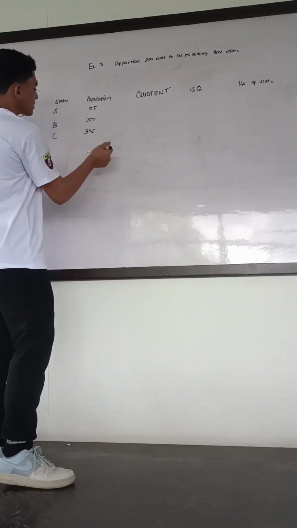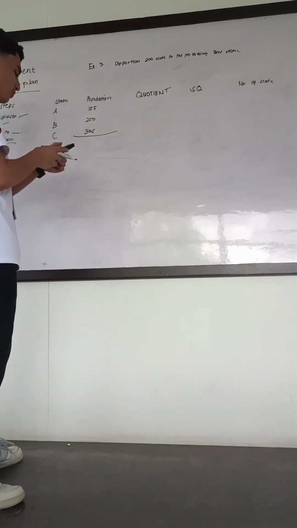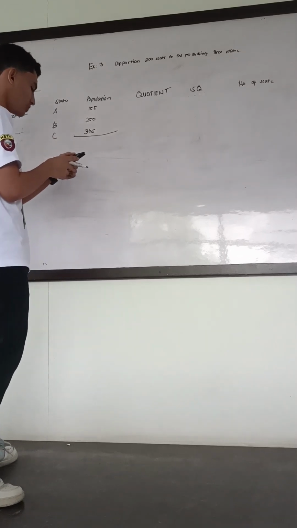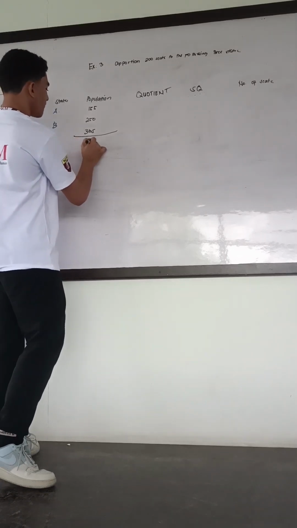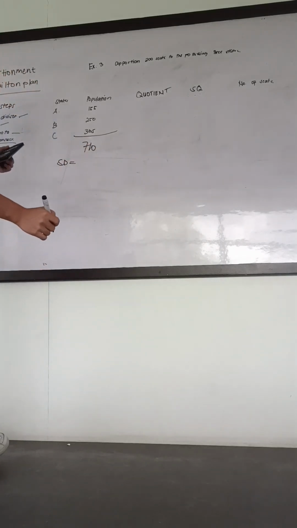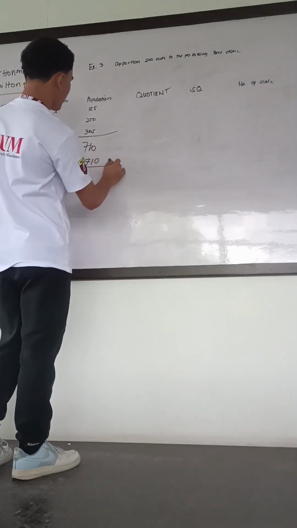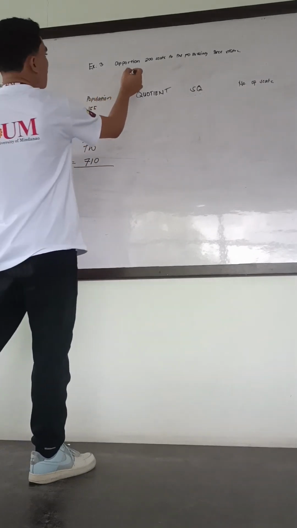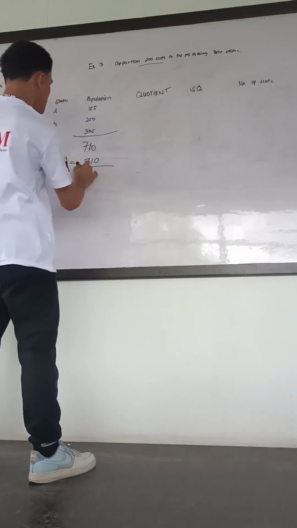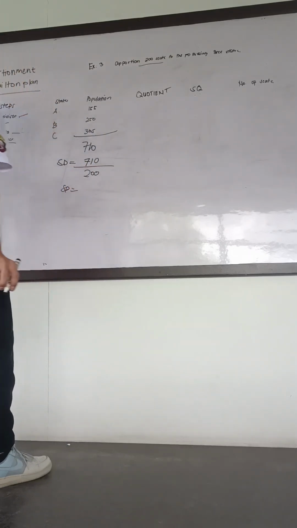So we must total all: 155 plus 250 plus 305. So we have 710. So we can now calculate the standard divisor, which is 710 divided by the apportionment of 200 seats.